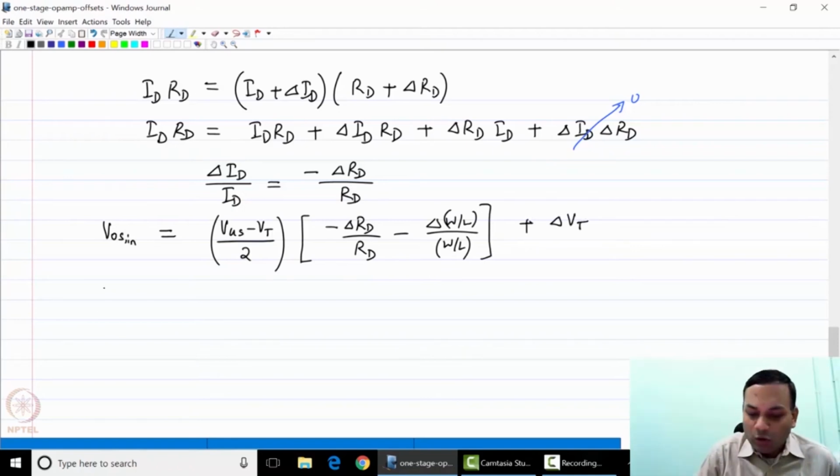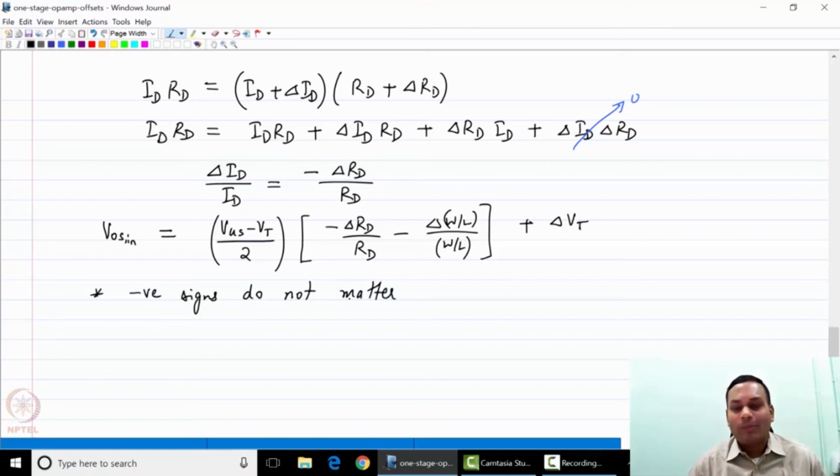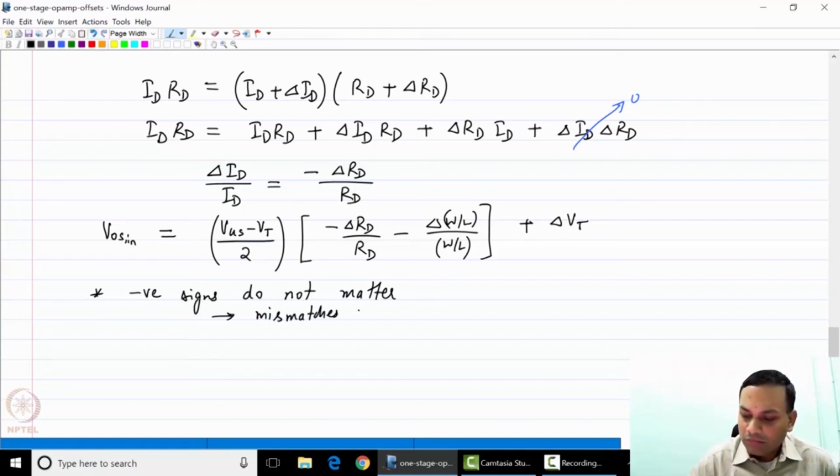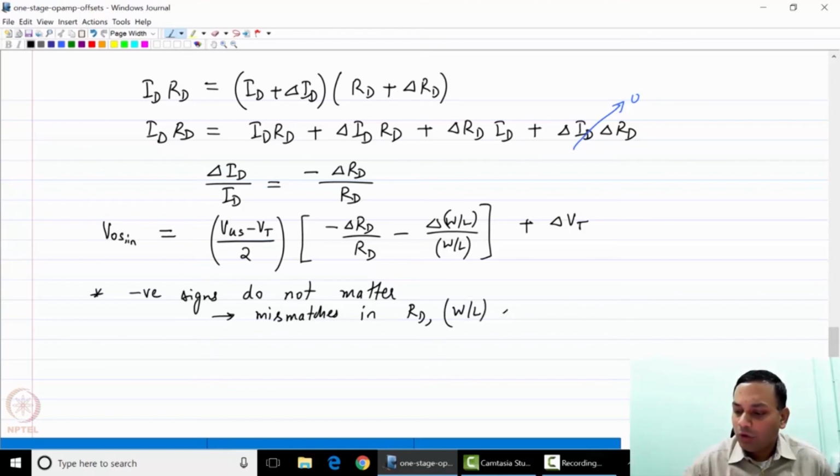So there are several things to note here. So first of all, the negative signs do not matter, because the mismatches that we are considering, so mismatches in RD, W over L and VT are independent.